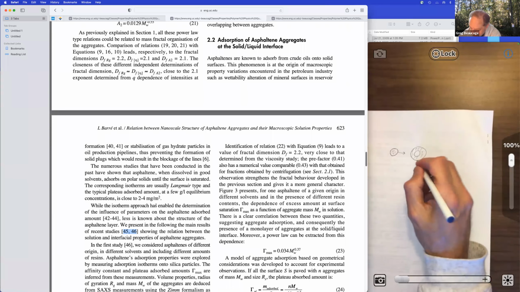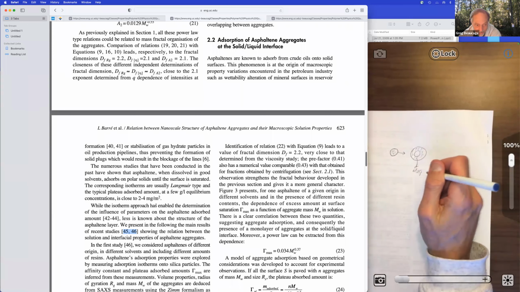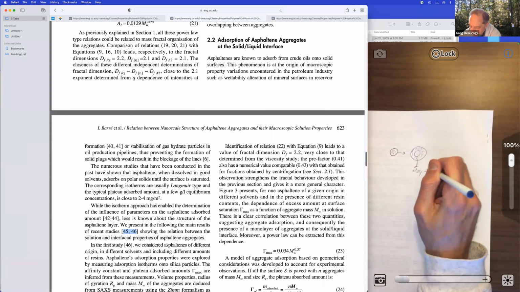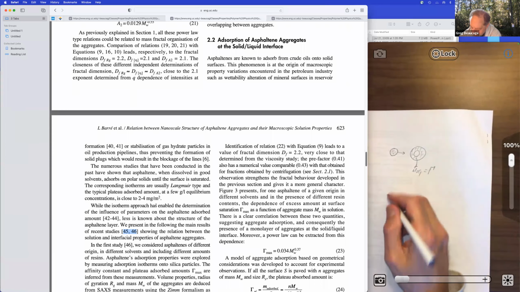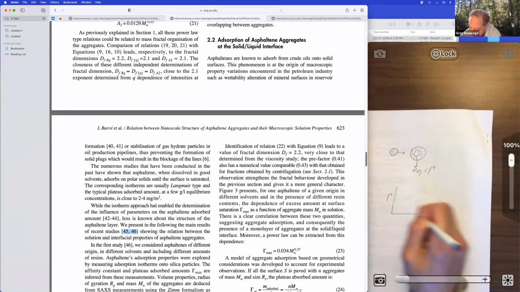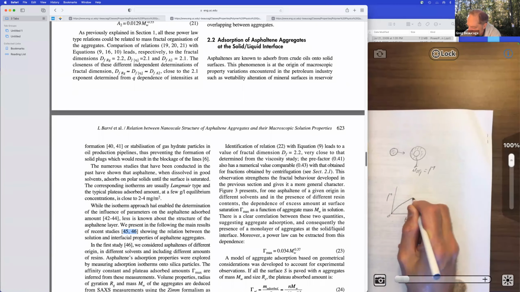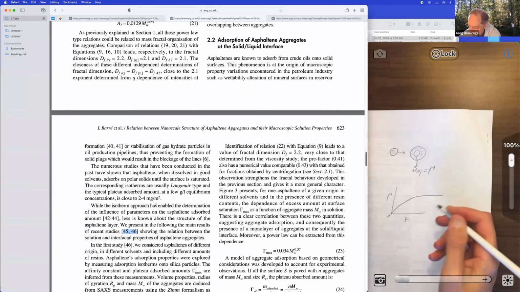Then he gets the mass of what deposited. And he wants to know how that mass deposited, which is this gamma, changes. It'll be a function like gamma versus time. It'll start at 0 and gradually increase with time. And finally, he says he reaches a plateau.